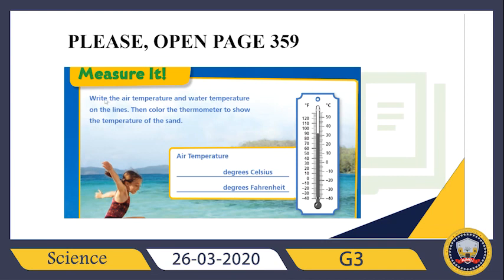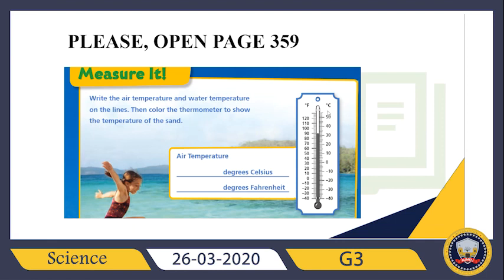It says, write the air temperature and water temperature on the lines, then color the thermometer to show the temperature of the sand. Air temperature. Let's check my thermometer first. The right side represents degrees Celsius, the left side represents degrees Fahrenheit.